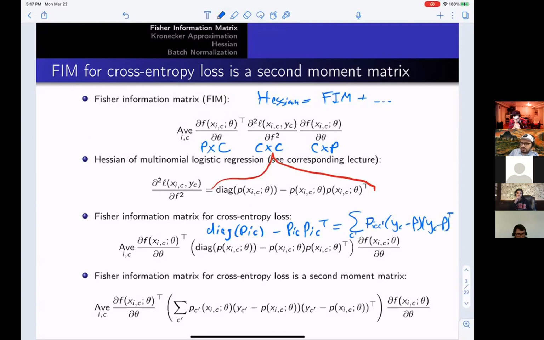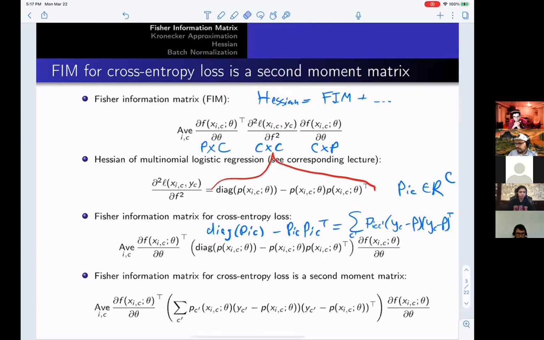What do all of these symbols even mean? π_c is the vector of softmax probabilities, which are C-dimensional, right? It's C numbers that sum to 1.